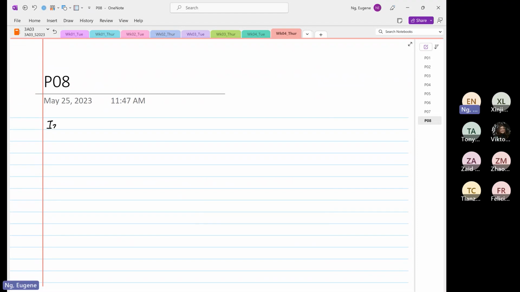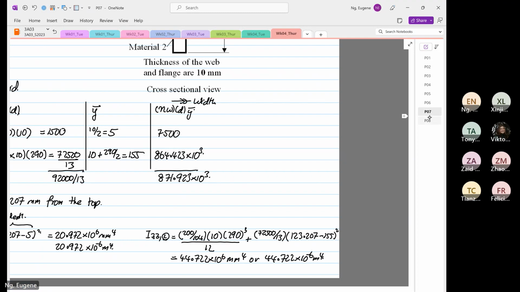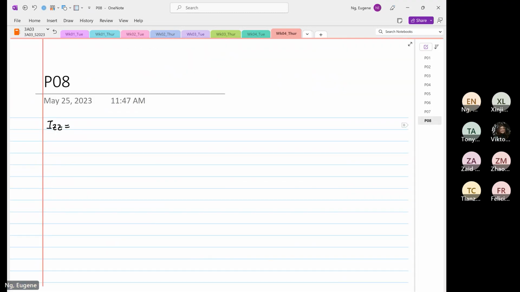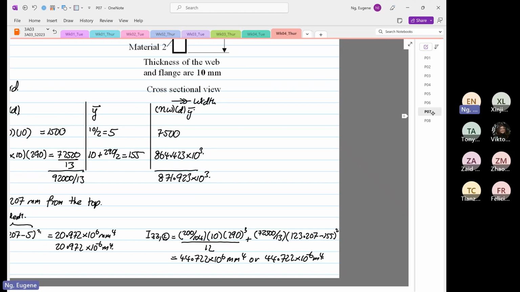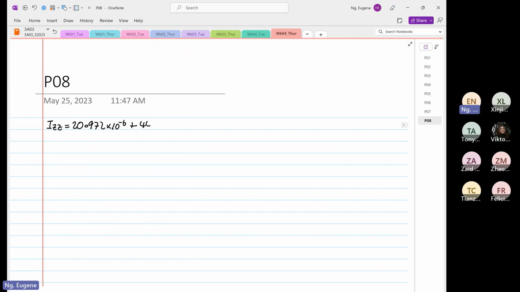So we know that our IZZ will be equal to 20.972 times 10 to the power minus 6 plus 44.722 times 10 to the power minus 6.